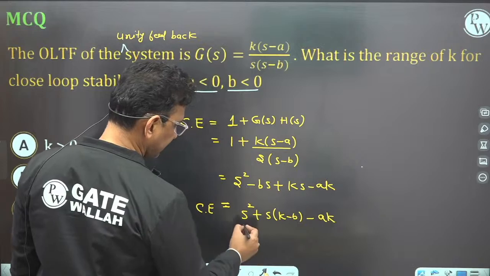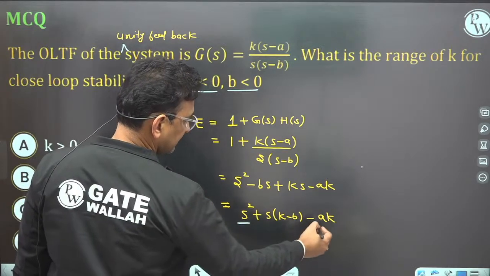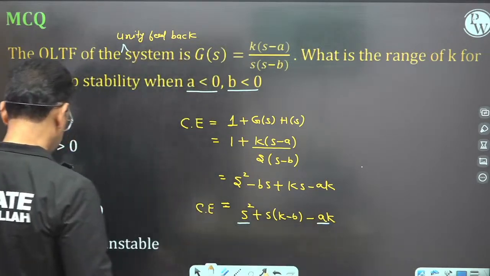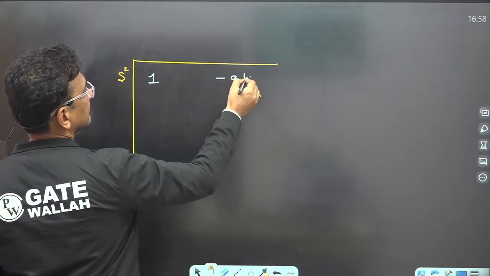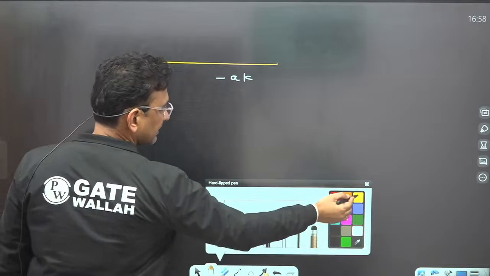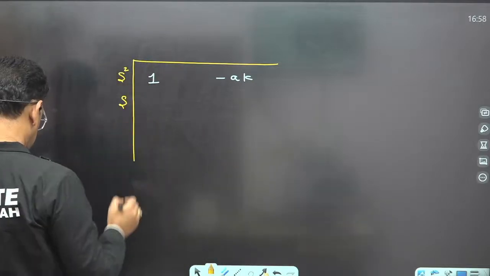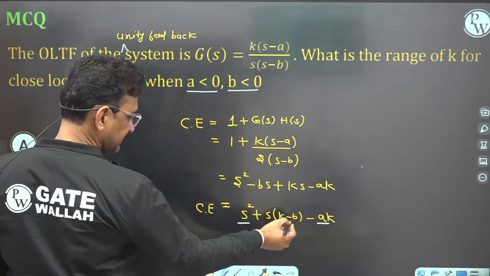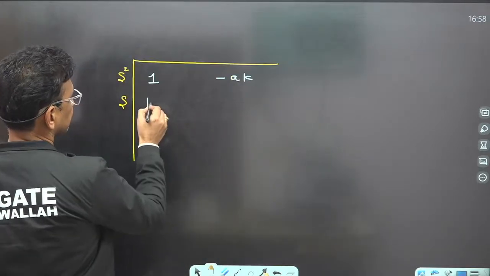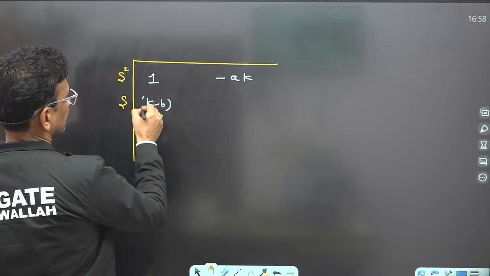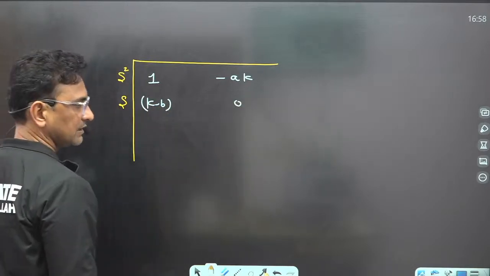Now take the alternate coefficient 1 minus ak. It is 1 minus ak. Now s, this coefficient is k minus b. It will be k minus b, 0.